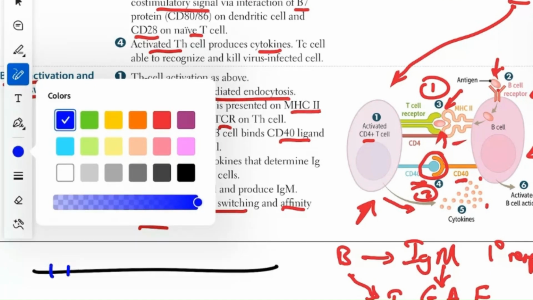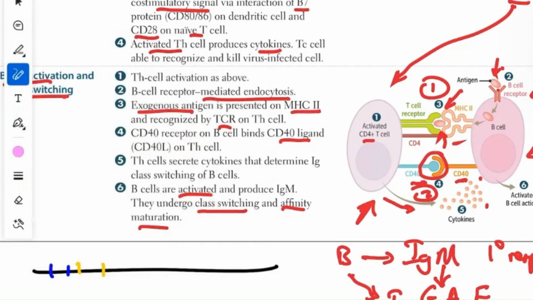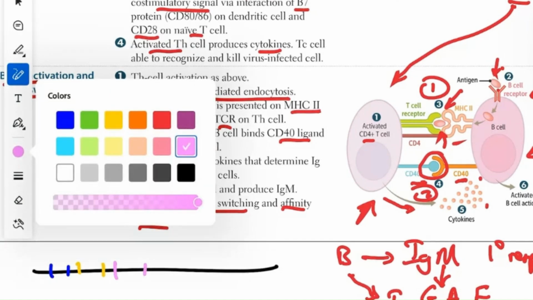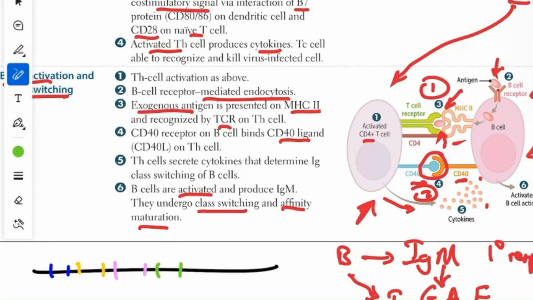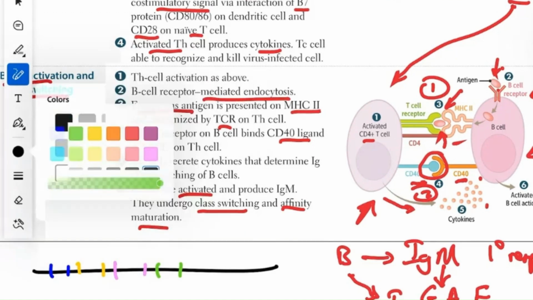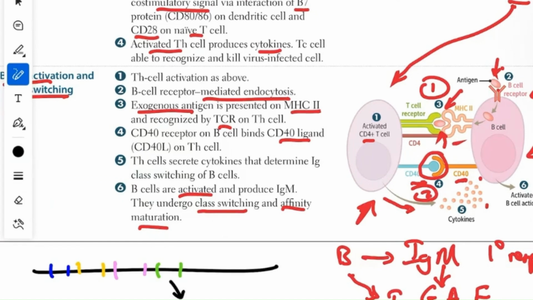I'll use different colors. Okay, you have this. All right, let's use another color. You have this. Okay, you have this. Okay, and let's say this one produces this antibody. All right.